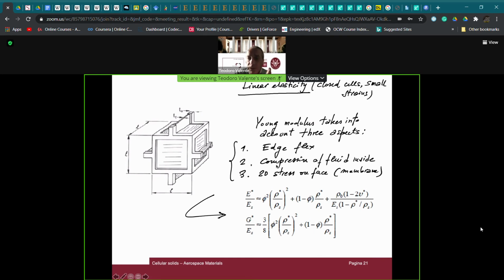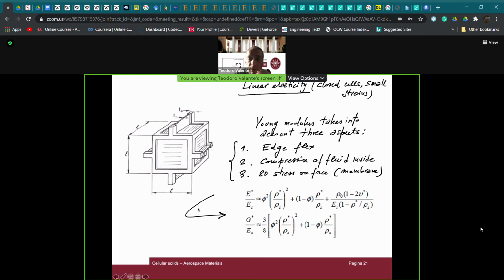If you see, we do have again the dependence on the ratio between the mass density of the solid, rho s, the corresponding bulk, and the mass density of the cellular material, as in the first case with open cells.